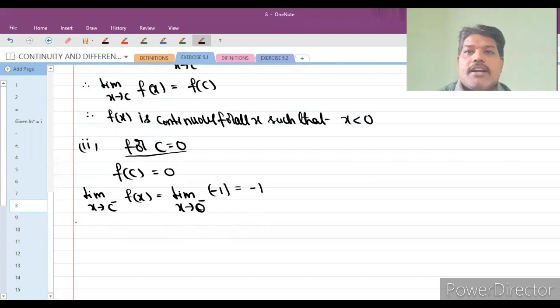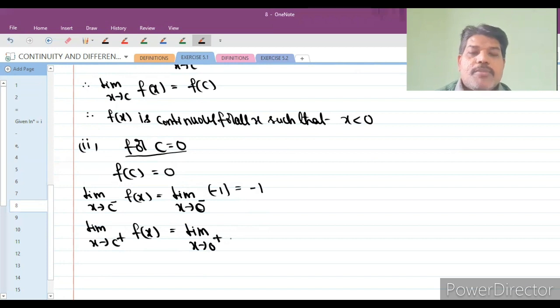Next we can take the right hand limit, limit as x tends to c plus of f of x. What happens, students? Limit as x tends to c plus means 0 plus. In this case, f of x value is 1. That implies if you apply the limit, this value will become 1 only.